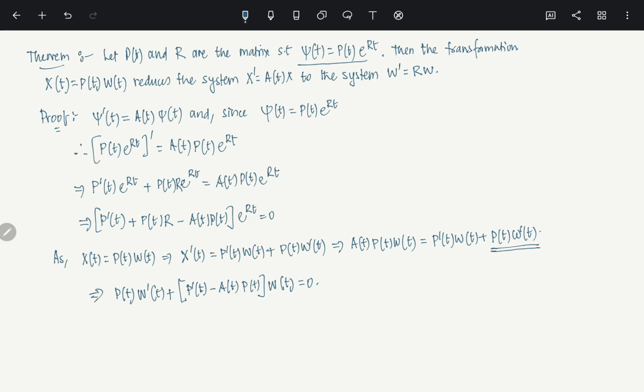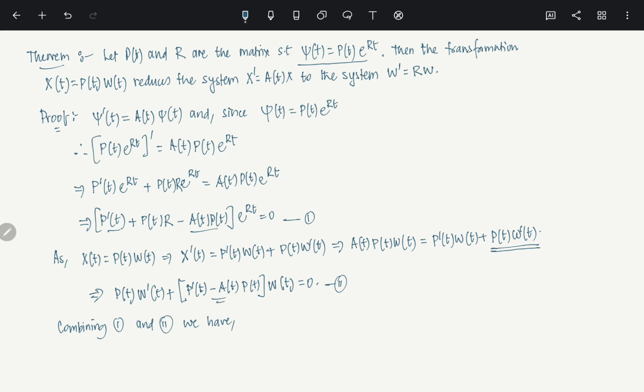Now let's call this 1 and this 2. If you combine 1 and 2, you are going to get your result. So combining 1 and 2, we have P prime minus AP is 0, right?